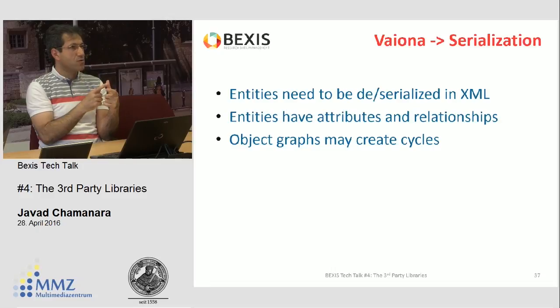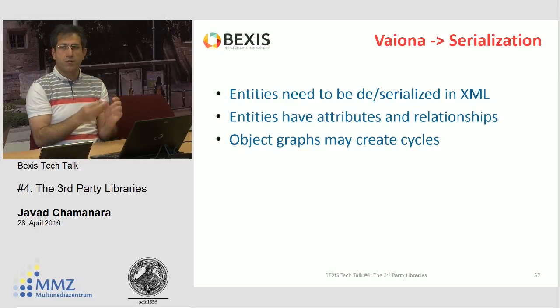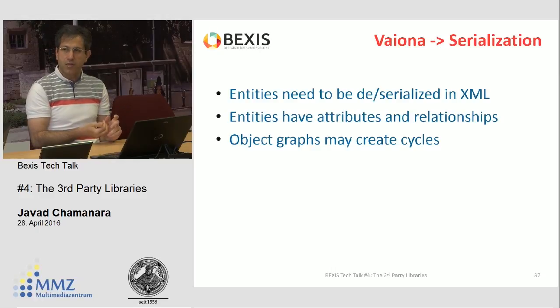So if you are going to serialize this, you may fall in a loop: with serializing A, you are going to serialize B, with B you are going to serialize C, and C doesn't know that it was a loop. C tries to again serialize A. So this kind of loops and relationship traversal should be detected by the serialization platform and be avoided.